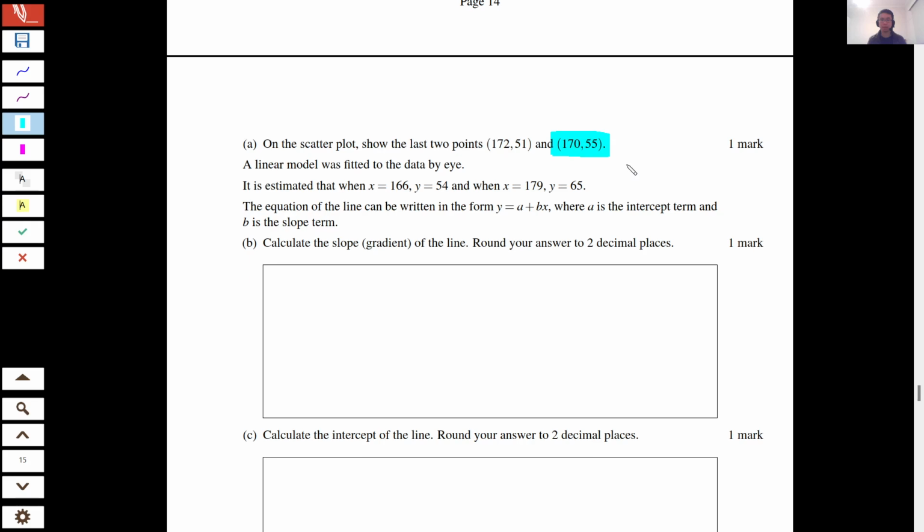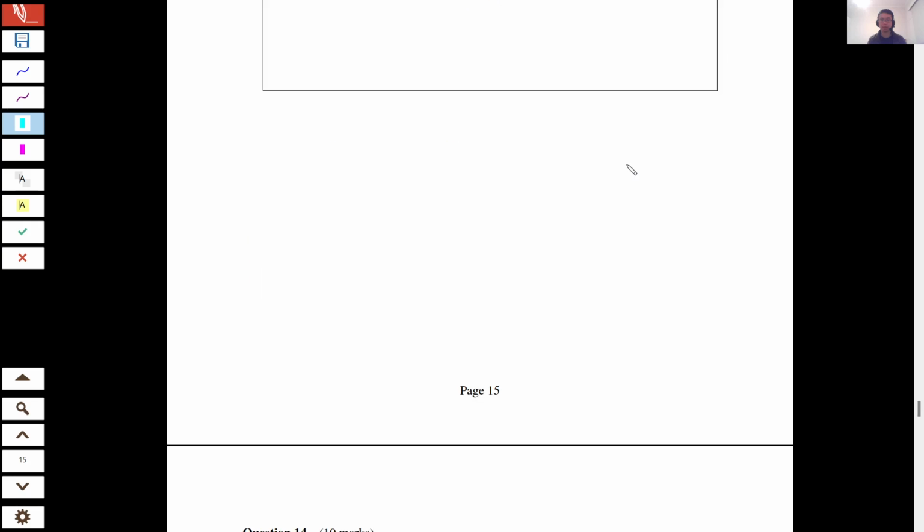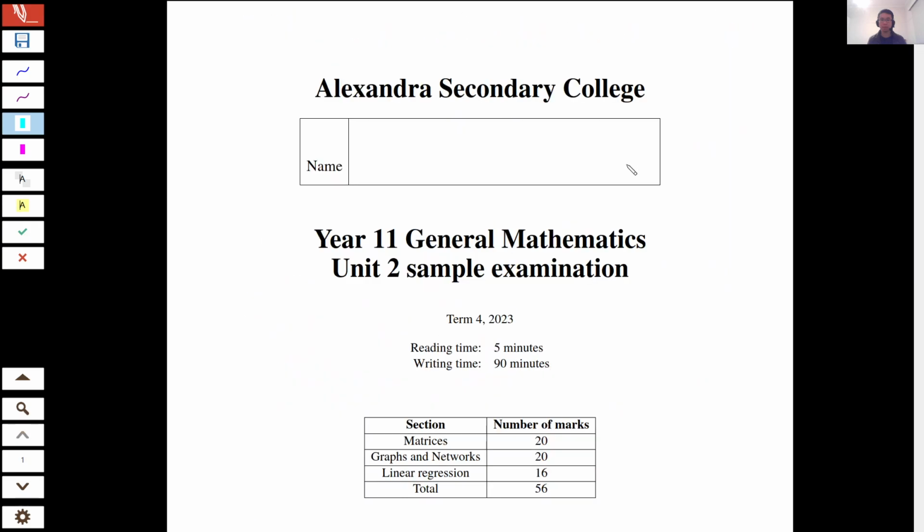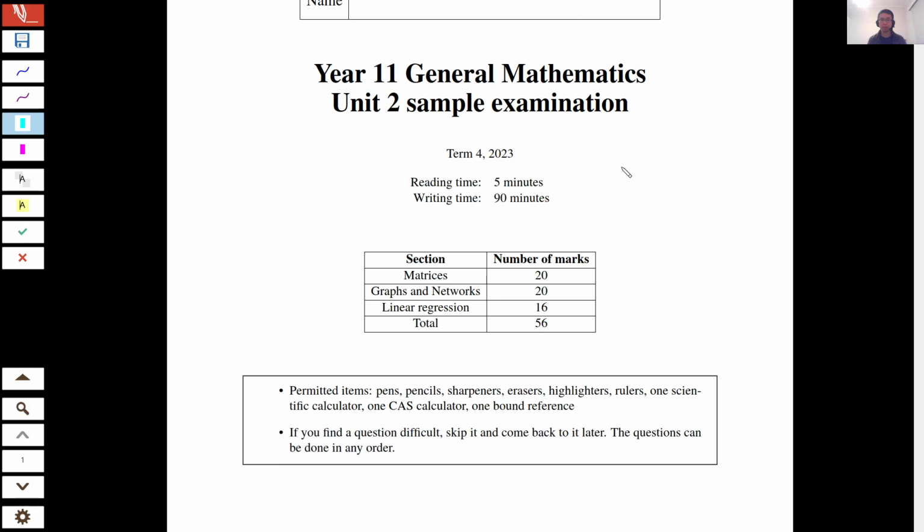Okay, and that's it. So the sample exam is here for you to look at. And I will say this sample exam I think is going to be harder than the real exam. I haven't written the real exam yet, but because I know that you're sitting 5 exams in 3 days, and you're going to be tired by the time you do this in the afternoon, I'm not going to make it too difficult.